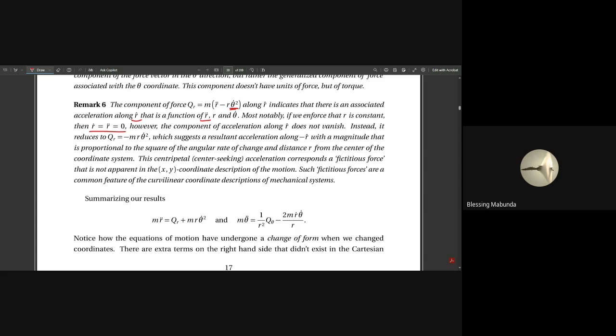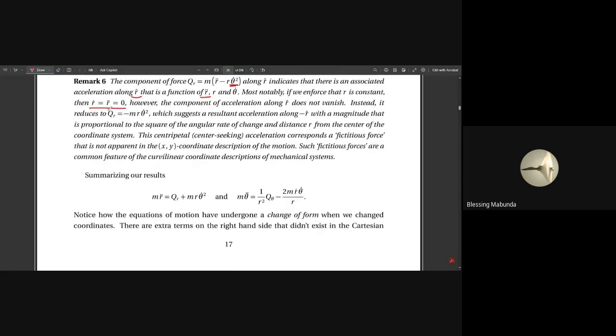This centripetal, which is center-seeking, acceleration corresponds to the fictitious force that is not apparent in the xy coordinate system. Such fictitious forces are a common feature of the curvilinear coordinate descriptions of mechanical systems.